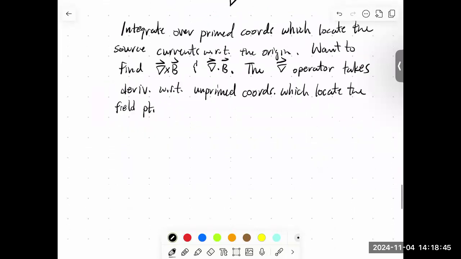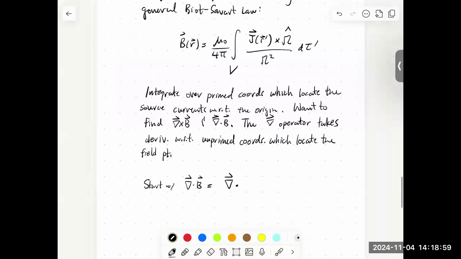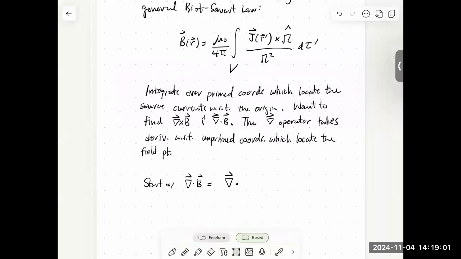All right, so let's start with the divergence of B. What's that going to be equal to? It's going to be the divergence of the Biot-Savart law.